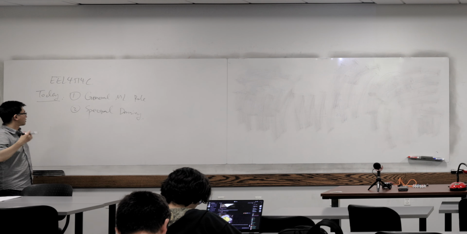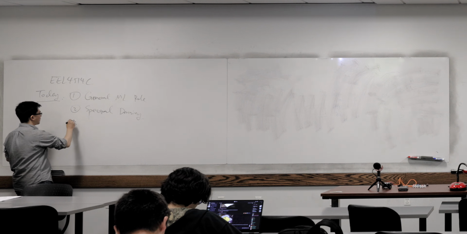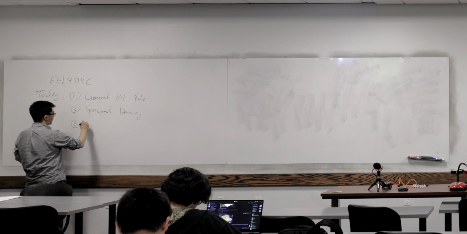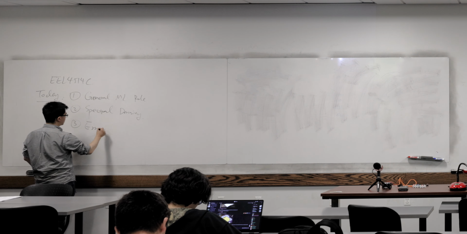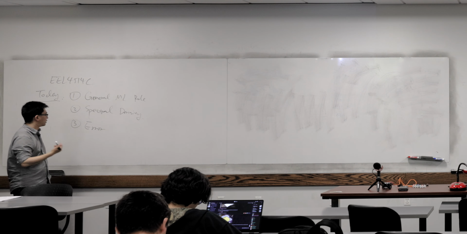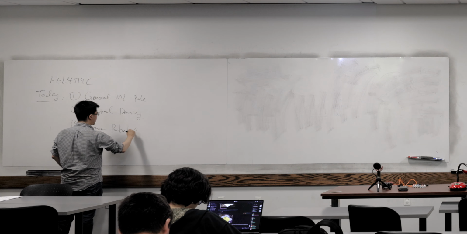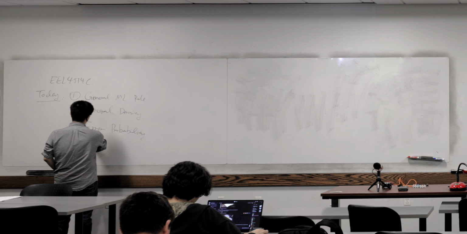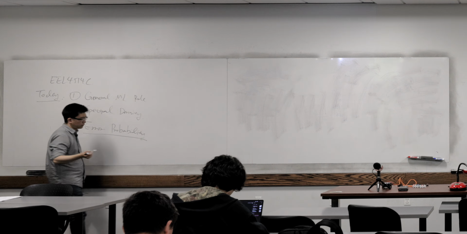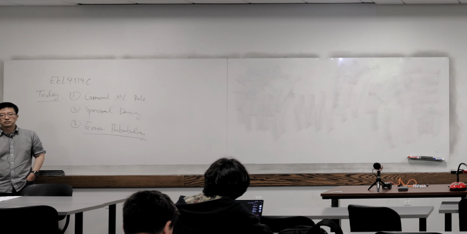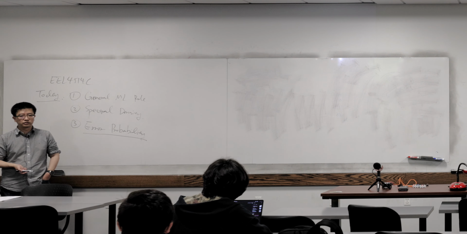And the next topic that we'll probably be covering in the next lecture is the error probability. So to compute, what is the probability that we're making a wrong decision, right? And the error probability, we're going to see that it's very related to the energy efficiency or the power spectrum, so the signal-to-noise ratio, right?